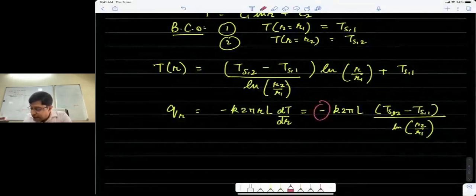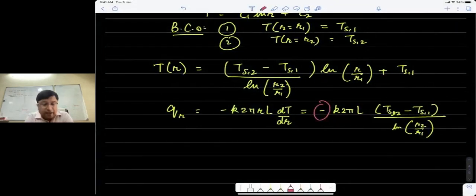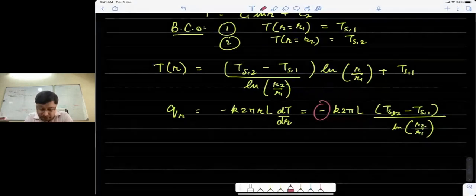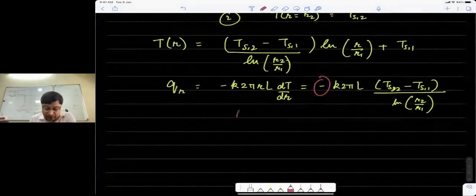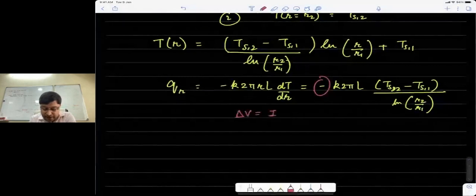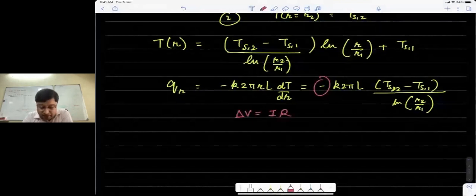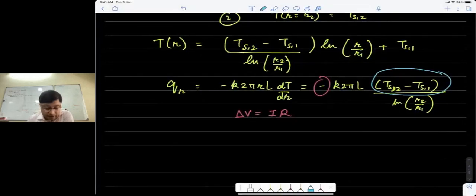So using this now, we can define the resistance to heat conduction in a cylinder. The same thing as we wrote in electrical circuits: resistance would be delta V by I, the potential difference divided by the current. In this case, the potential difference for flow of heat is this amount, and the heat current is Qr.